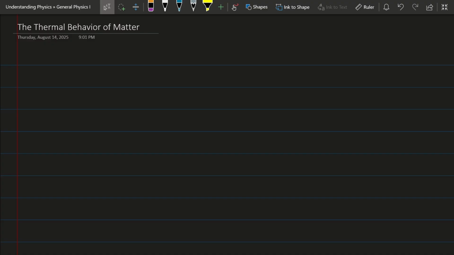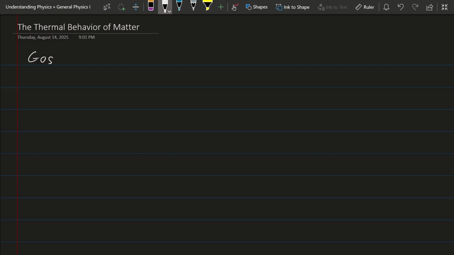So the way that we'll try to discuss this behavior of matter is by looking through different kinds of matter first. One of them is gas. Last time we talked about gas, which is a compressible fluid.